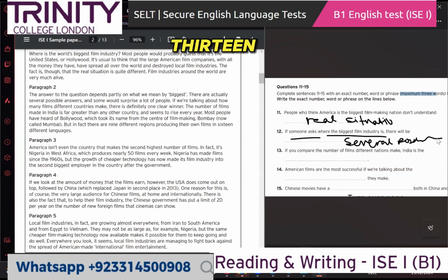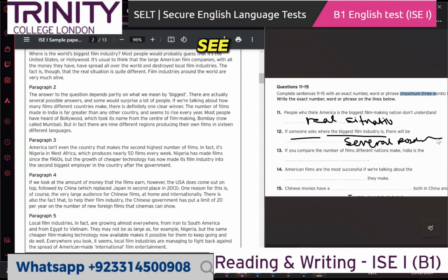Okay, 13. If you compare the number of different films different nations make, India is the blank. Nigeria doesn't make sense.